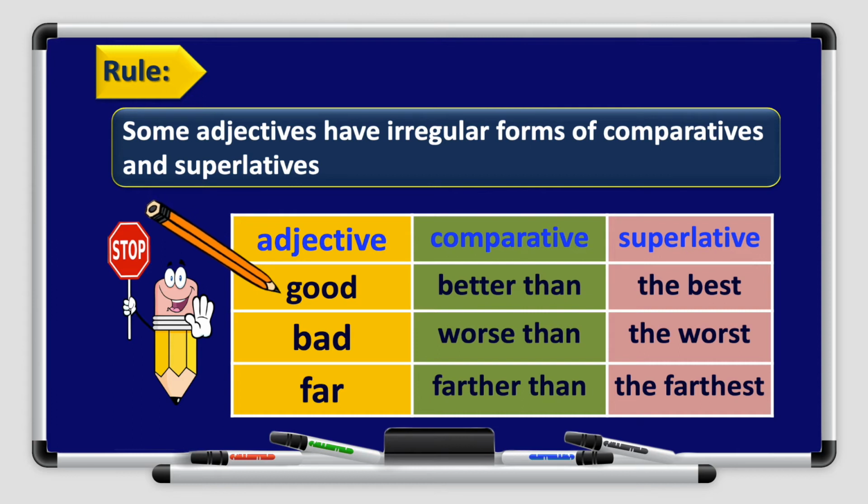Good, better than, the best. Bad, worse than, the worst. Far, farther than, the farthest. That is great, boys and girls. Now, can you think of examples using these adjectives and comparative adjectives and superlative adjectives?